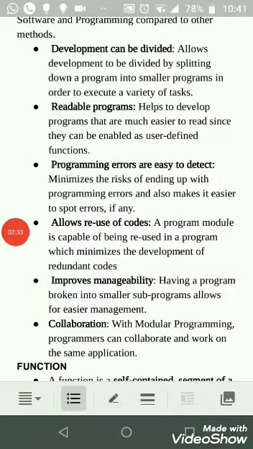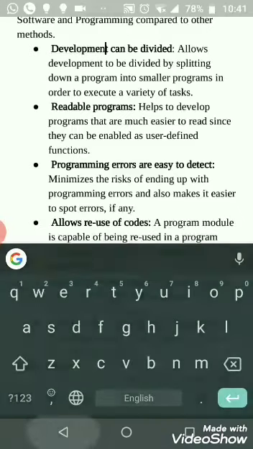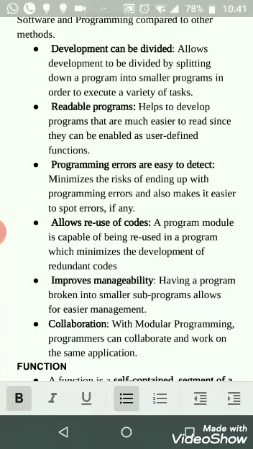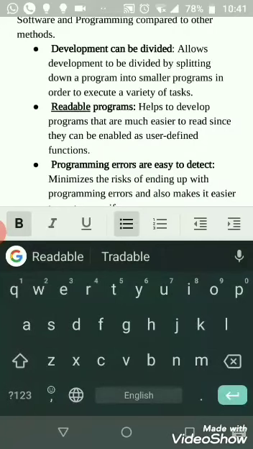What is the use of this modular programming? The first point is that you can divide the development or the whole task into different subparts. Second, the program will be more readable. For example, if you are given a file for withdrawal, you can understand the code easily. Suppose you are given an entire code with withdrawal, deposit, and so many other things. It will be difficult for you to identify where the withdrawal happens or where the deposit happens.